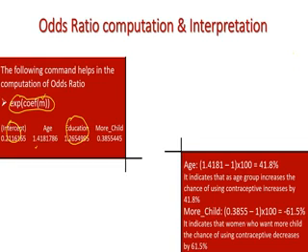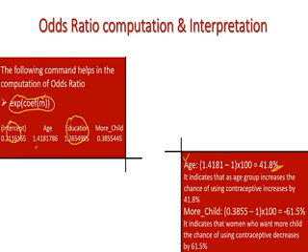So come here in this corner. Age equal to this value 1 point, this is called the odds ratio, minus 1 into 100. So we get 41.8, and you see this is positive. It indicates that as age group increases, the chance of using contraceptive increases by 41.8%.